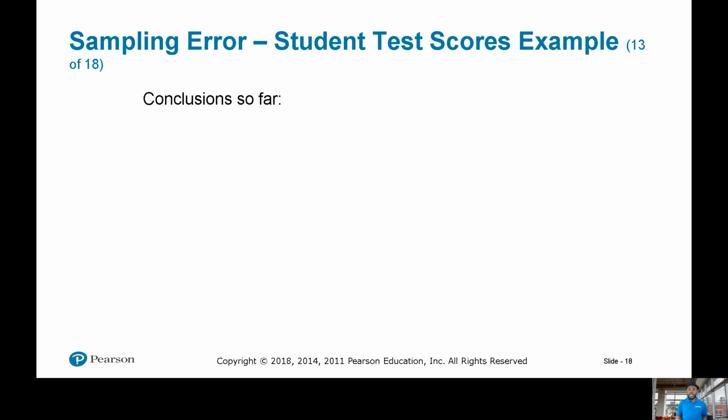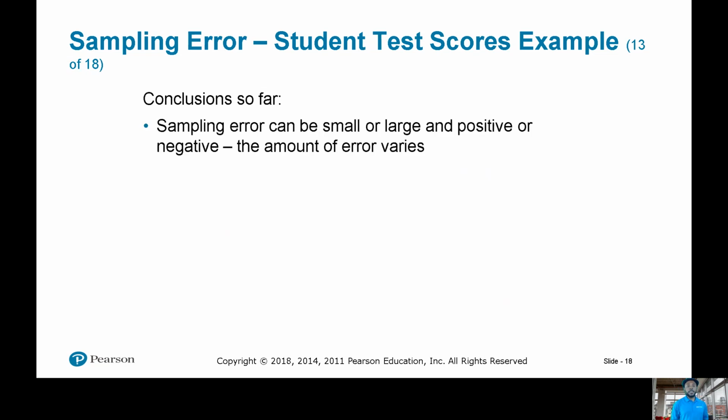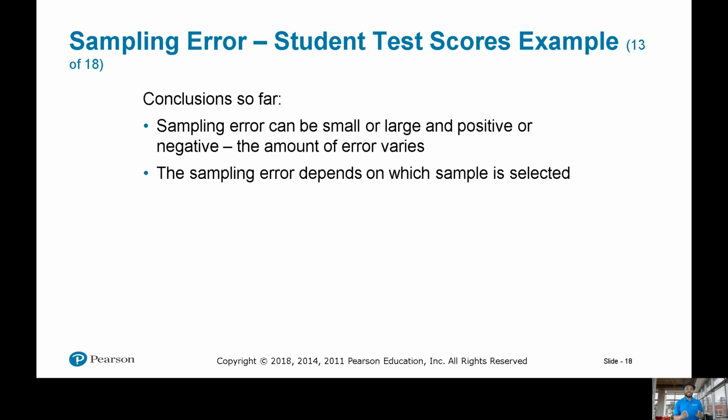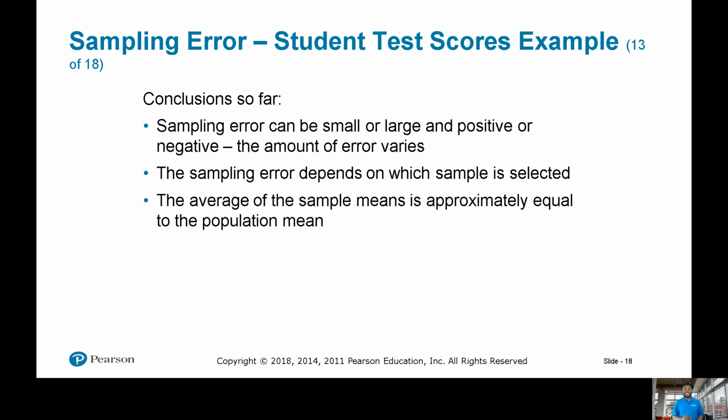So in conclusion, what we have seen so far is that the sampling error can be small or large, and positive or negative, so the amount of error varies. In addition, we've seen that the sampling error depends on which sample is selected.